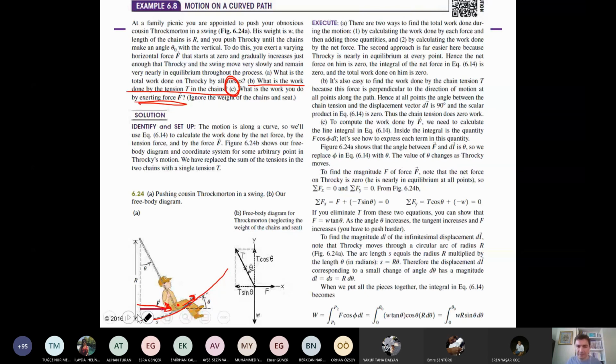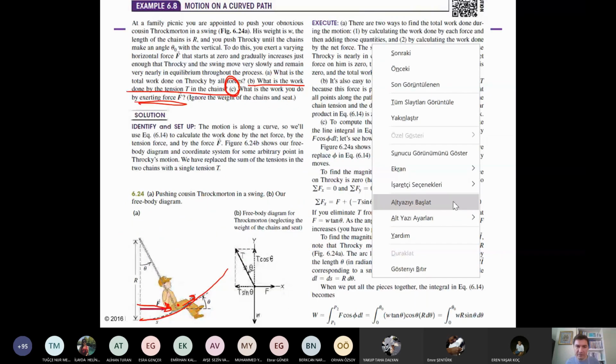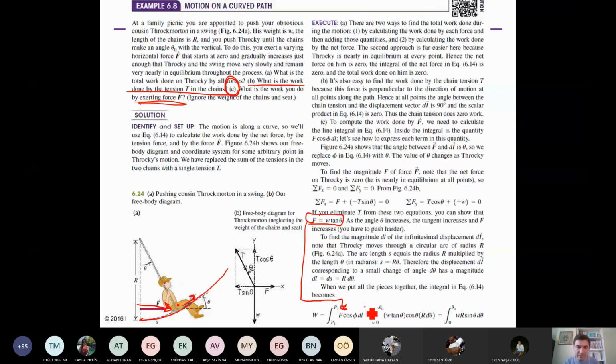Okay, then what about F? F is calculated here. Just use this F here instead of F. And what about dl? What is dl? Displacement.